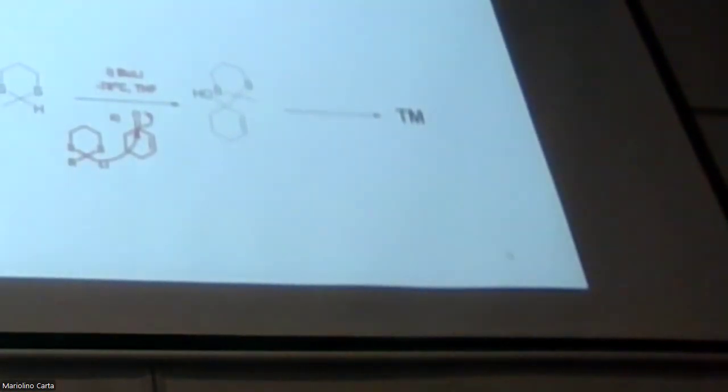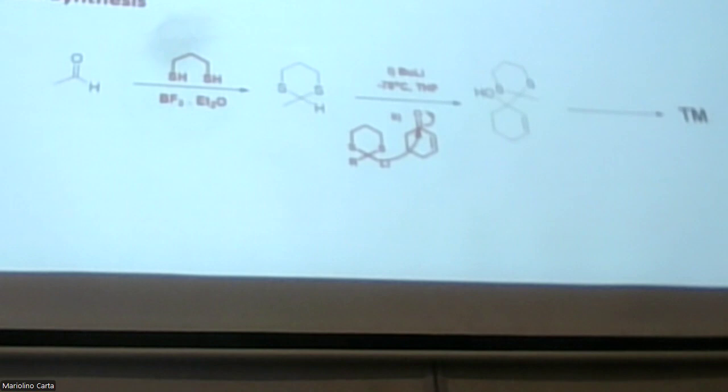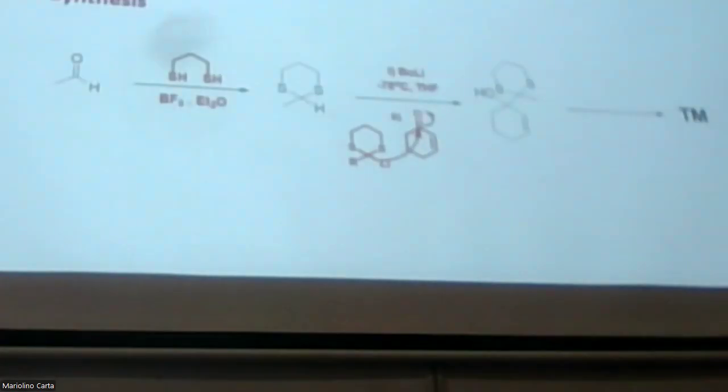remove the protecting group, the thioketal, and go back to carbonyl. You remember how to remove it? How to remove the thioketals? You can do it via very strong hydrolysis.